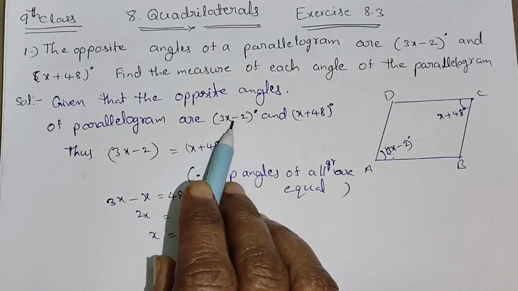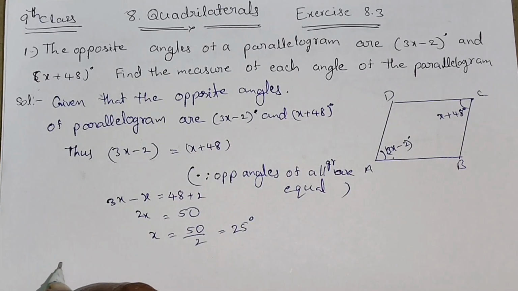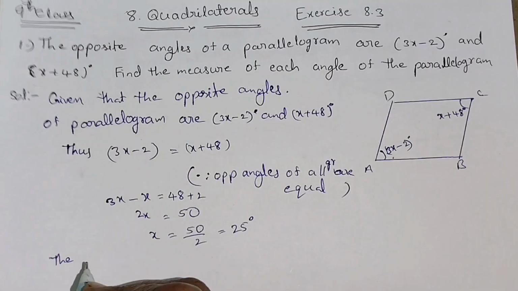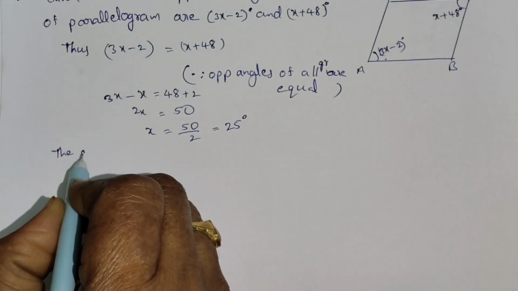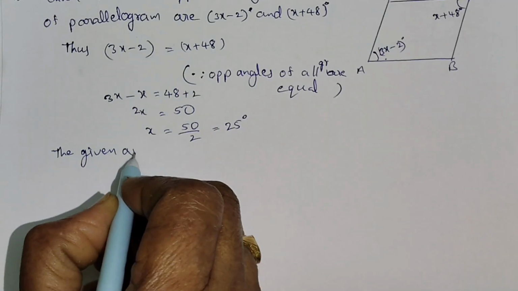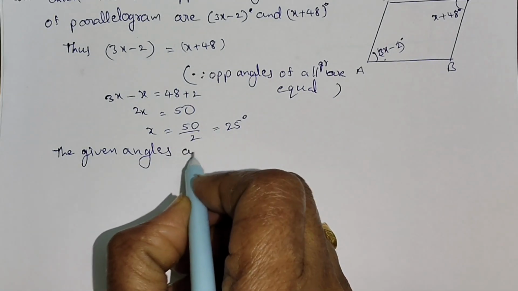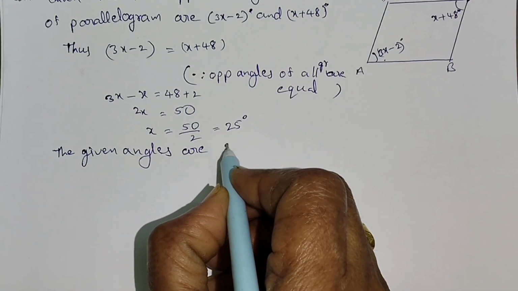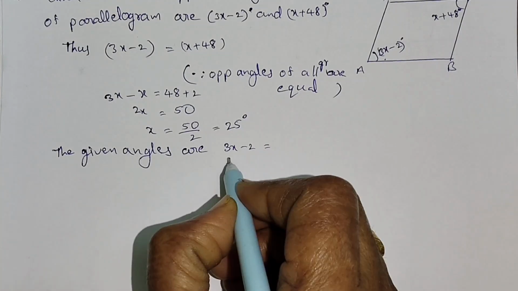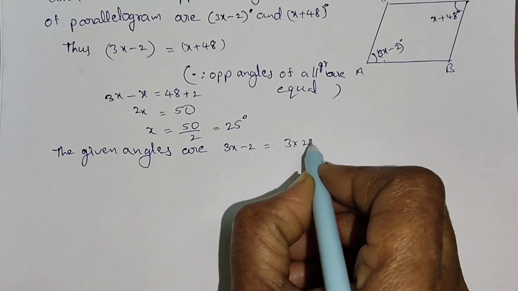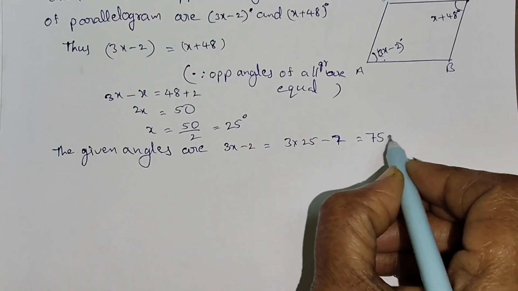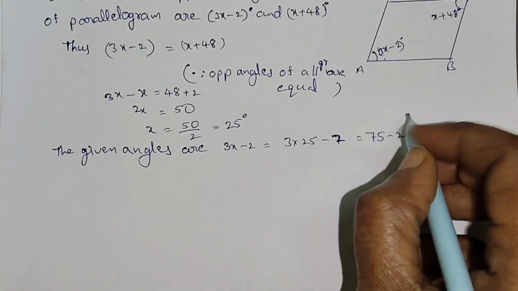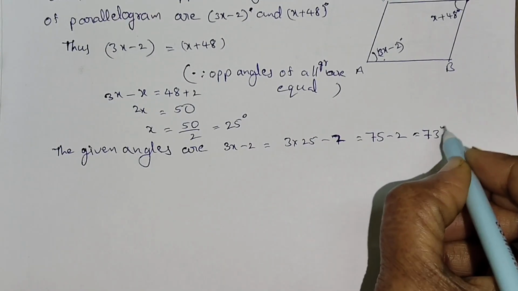Therefore the given angles are: first one is 3x minus 2. Substitute the x value: 3 into 25 minus 2 equal to 75 minus 2, which is 73 degrees.